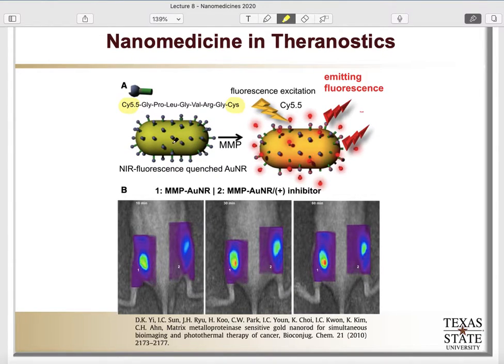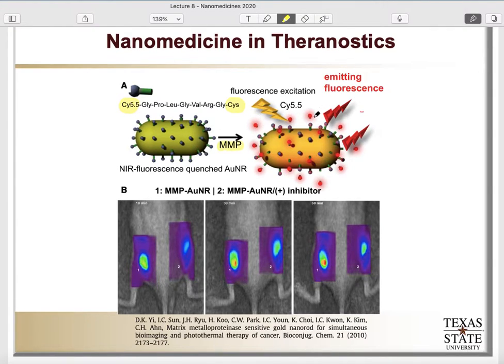Now, once that nanoparticle is in the tumor site, the tumors overexpress these proteolytic enzymes or proteases. One of them is MMP, which is matrix metalloproteinase. And the MMP is then able to cleave this polypeptide, enabling the fluorescent molecule to diffuse away.